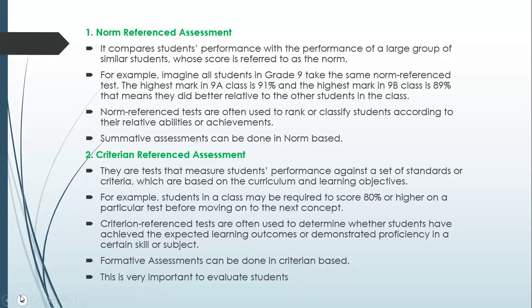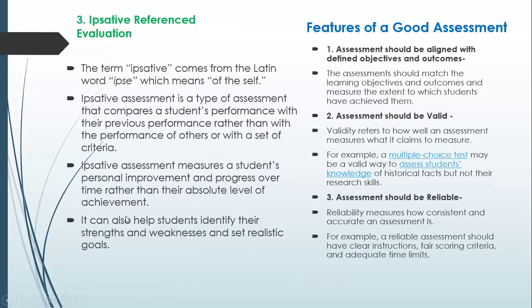So our third type is ipsative reference assessment. The term ipsative comes from the Latin word ipse. It means the self. Here it is also important: we don't take any reference.